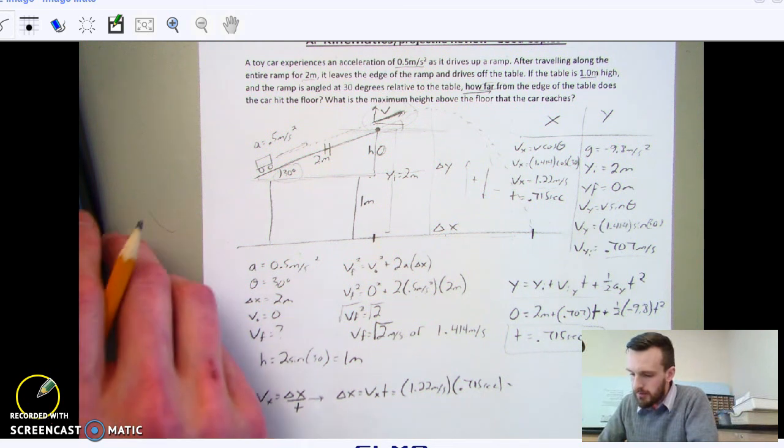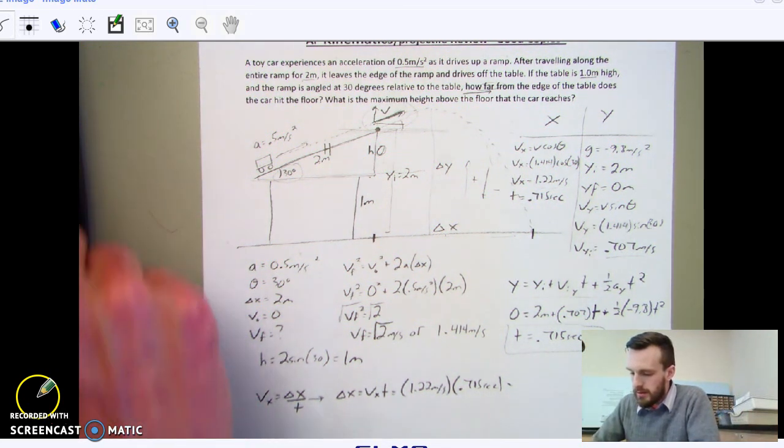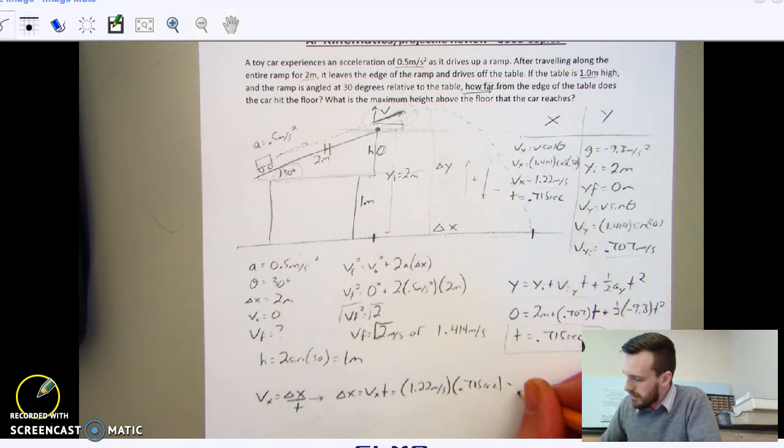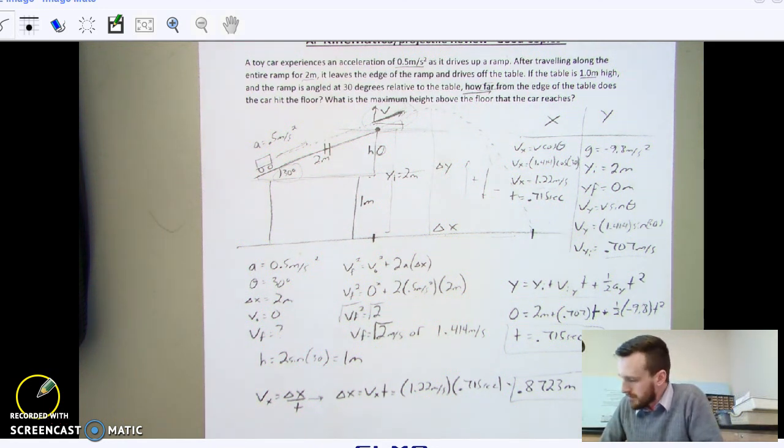And if we do that, go back to the calculator here, 1.22 times 0.715. That's going to get us a distance of 0.8723. Probably don't need that many decimals, but we'll hold it. That's our range. So that answers the first question: how far from the edge of the table does the car hit the floor?